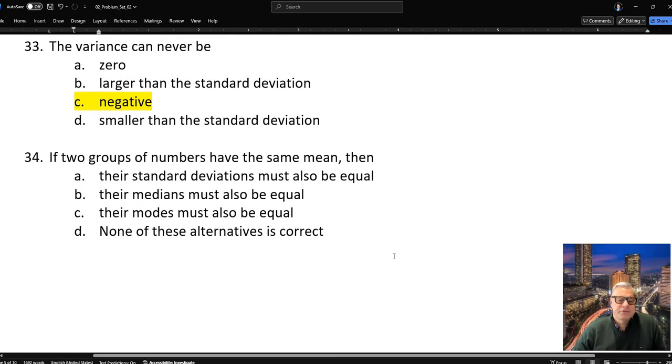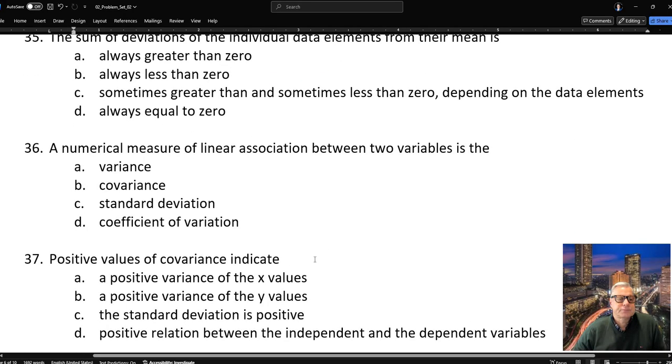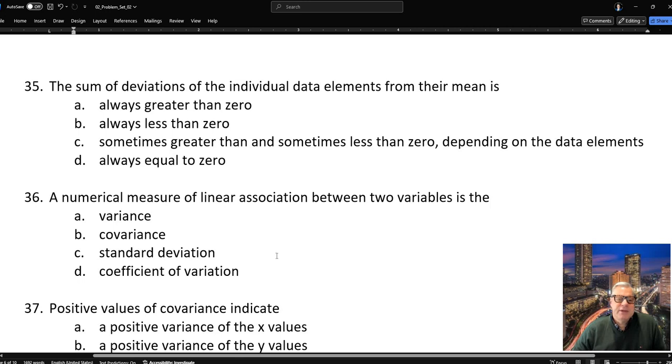If two groups of numbers have the same mean, then their standard deviation must also be equal. Now that's silly. Their medians must also be equal. Also silly. Their modes must also be equal. That's all silly. So D, none of the alternatives is correct. The sum of deviations of the individual data elements from their mean is always greater than 0, always less than 0, sometimes greater, sometimes less?